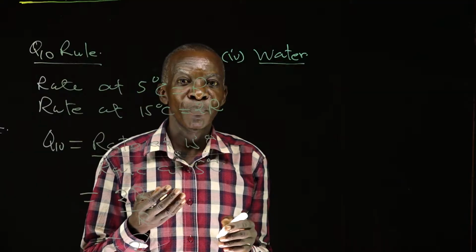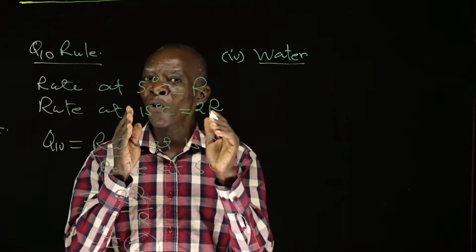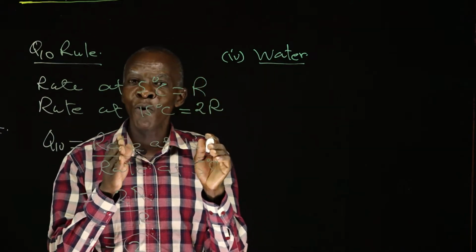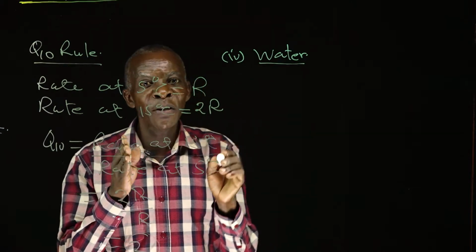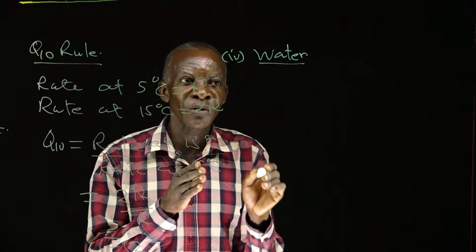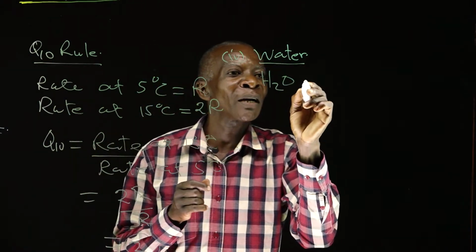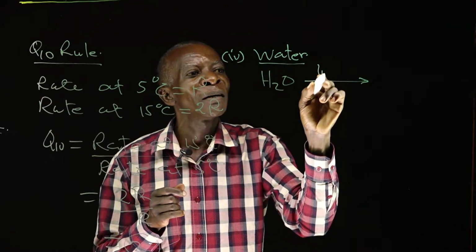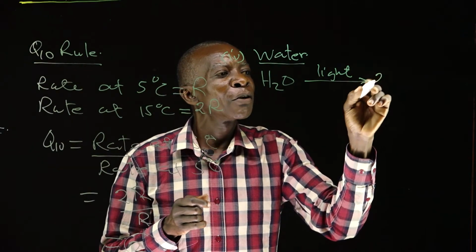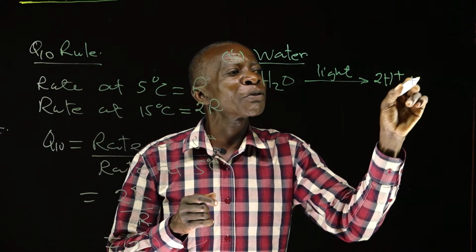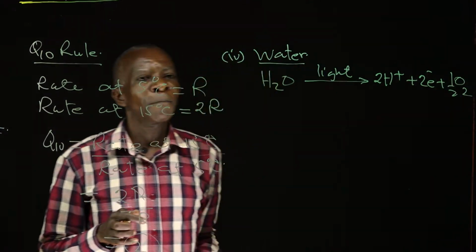We know from light reactions of photosynthesis that the role of water is to provide hydrogen ions and electrons from photolysis. Remember photolysis of water, a photochemical splitting of water in the presence of sunlight. This will give hydrogen protons, a pair of electrons, and oxygen.